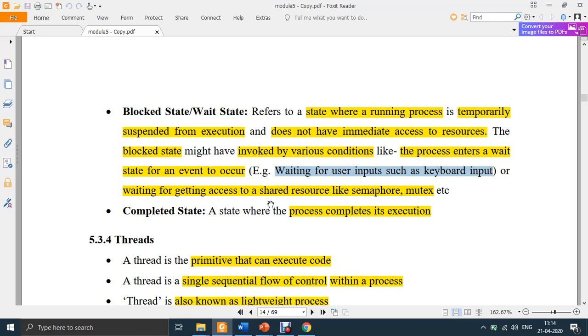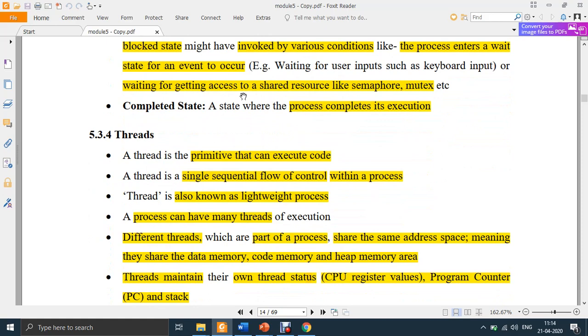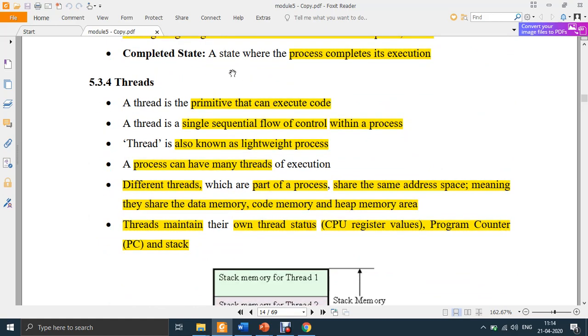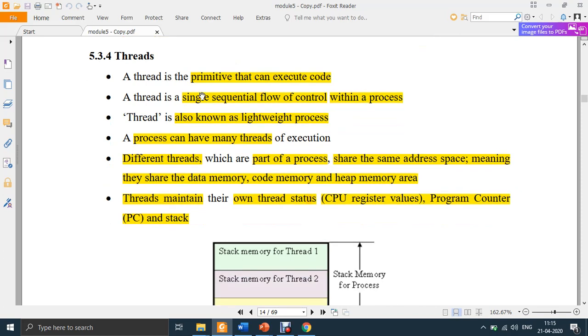Till the printer is available, this process will wait in the blocked state. Once the printer is available, immediately this process will move to the ready state, not the running state. It can only move to the ready state. Next, the completed state is where the process completes its execution.